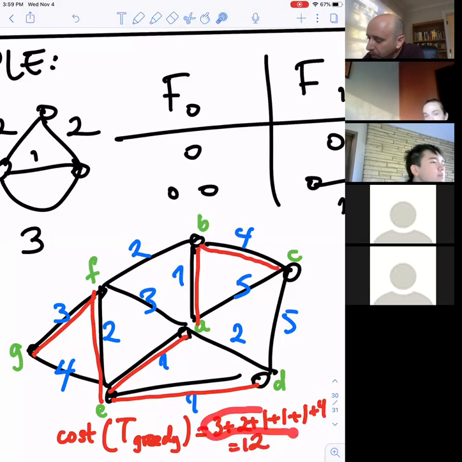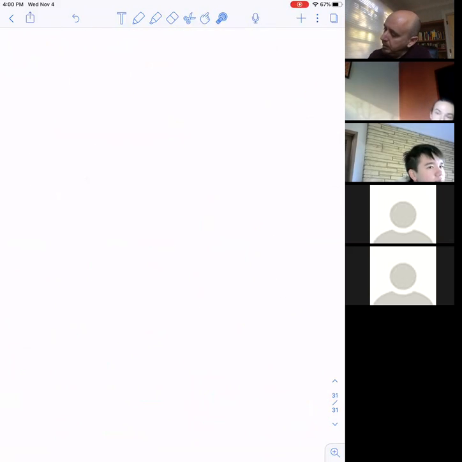How do we know this sum in the end is always going to achieve the minimum, right? There is a minimum value for the cost of spanning trees. This always will find one of that cost.